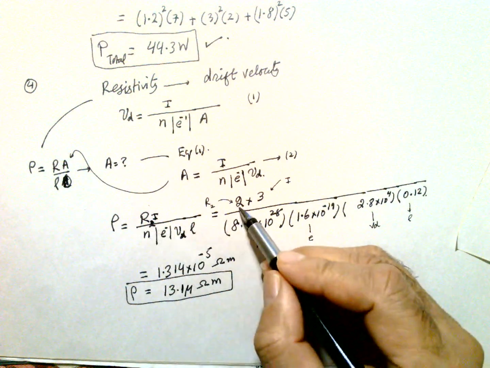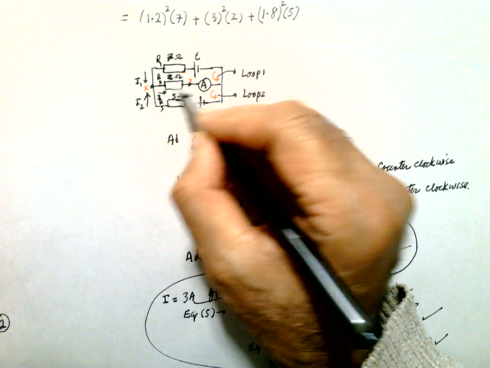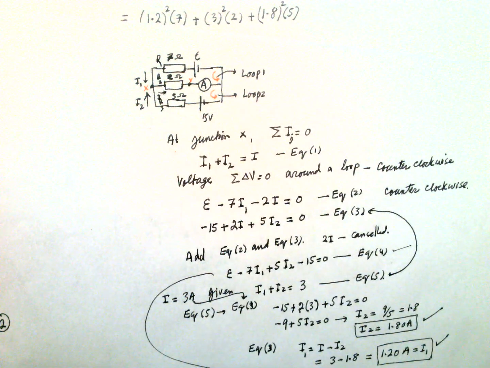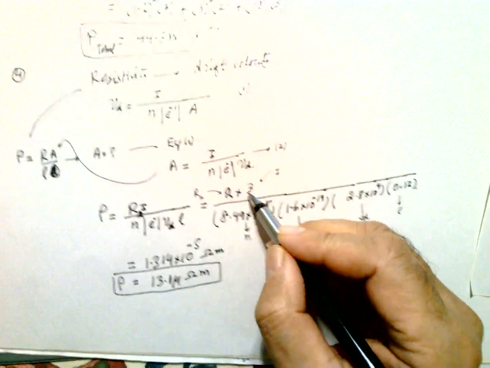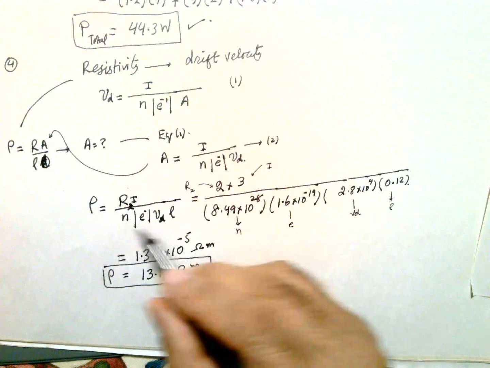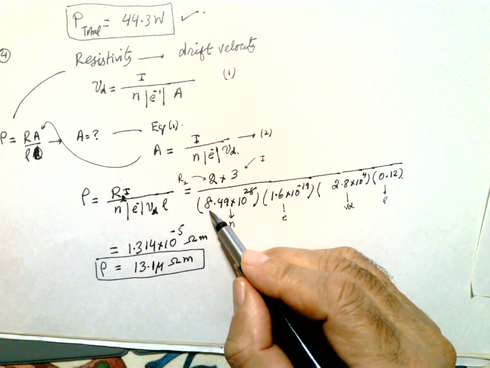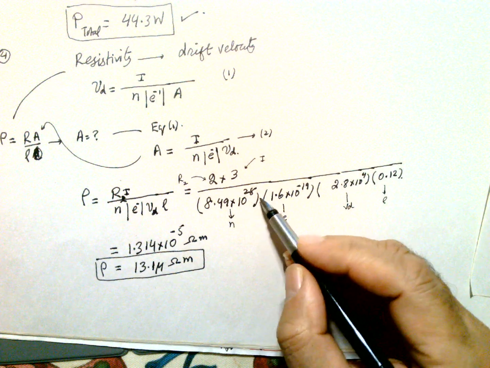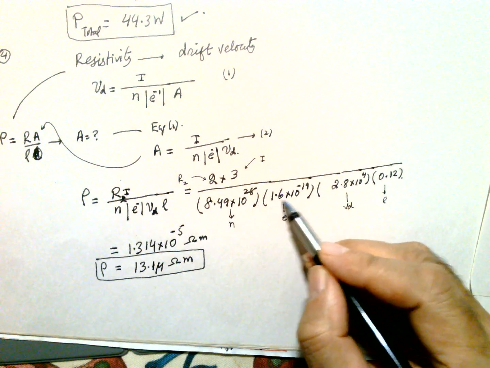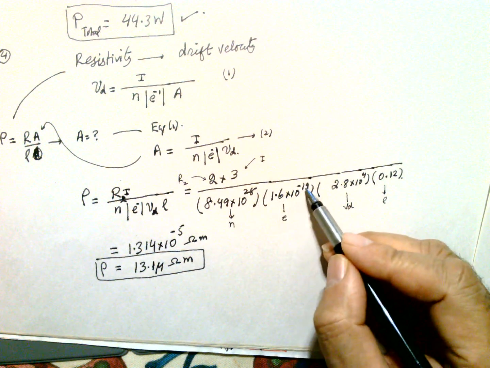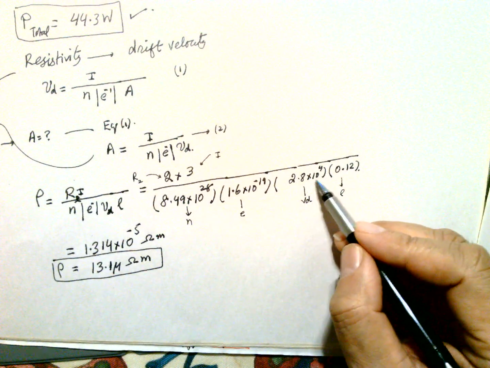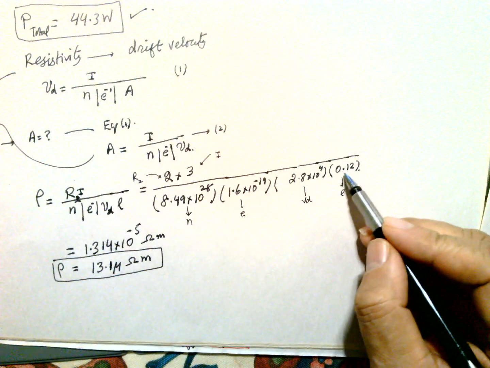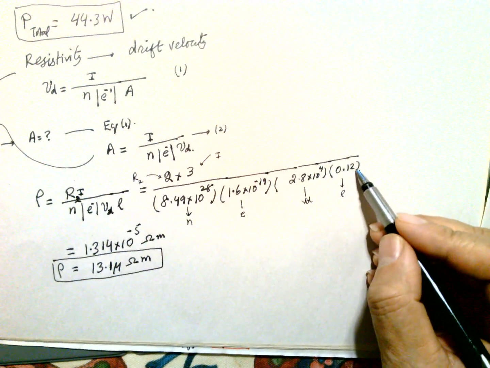R is 2 ohm because it is in this XY conductor, and its length is also given. So R is 2, current is 3 amp, number density is 8.49 times 10 power 28 per meter cube, the charge is 1.6 times 10 power minus 19 coulomb, drift velocity is 2.8 times 10 power 4 meter per second, and the length is 12 centimeter, 0.12.